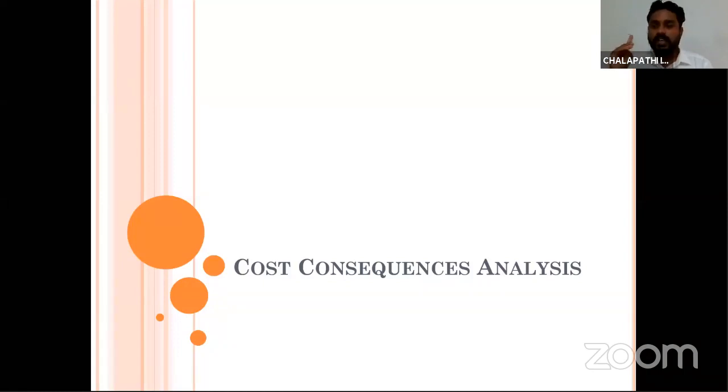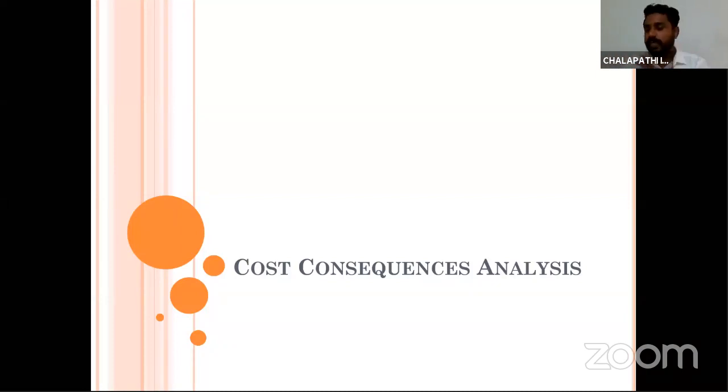Cost utility, where I calculate QALY, DALY, or any kind of utility measure, and check the ICER and tell whether it is cost effective or not. Finally, cost benefit, where both are converted into monetary units, and I calculate the net benefit or benefit to cost ratio. Then I decide whether it is cost beneficial or not.